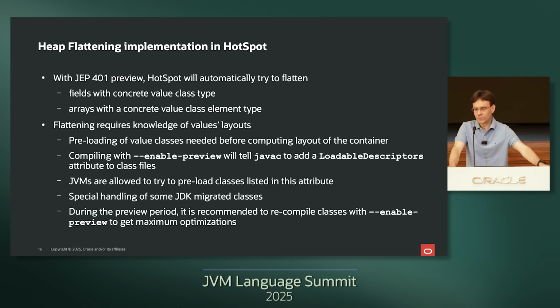And even if your class files lack the loadable descriptor attribute, the JVM will be able to flatten those classes. This is only during the preview period. It is recommended to recompile the classes if you are using value types. After the preview period, everybody will have this attribute in the class files.